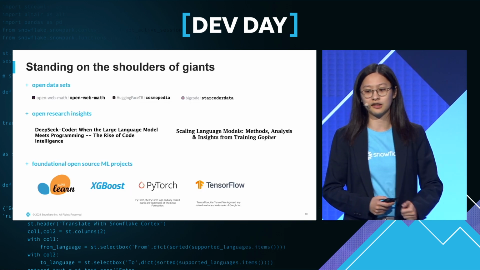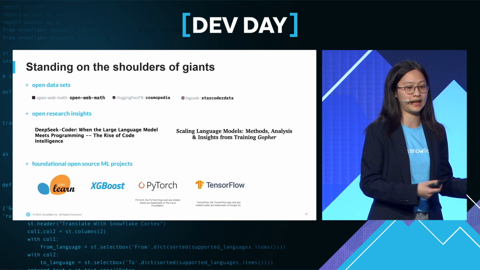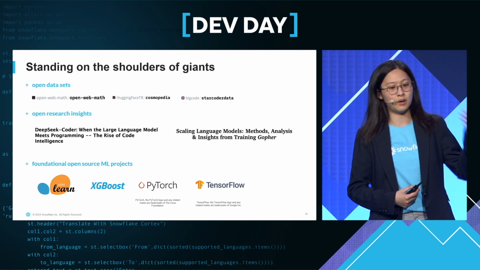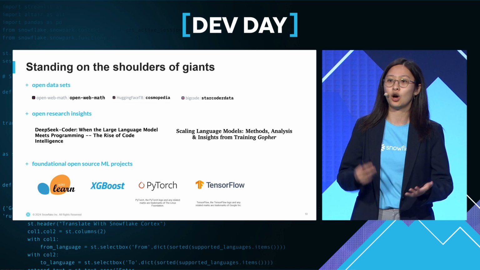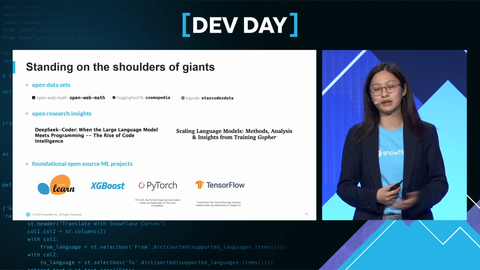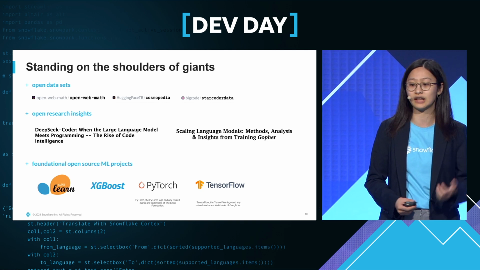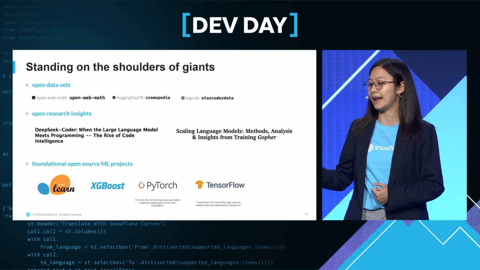So open sourcing AI is much more than just building on open standards and data sets. As you can see in this slide, the open source AI stack is around open data sets, open research insights that are not hidden behind a paywall, and also foundational ML libraries such as scikit-learn, XGBoost, PyTorch, and TensorFlow. And so there's a lot that goes into building this open AI stack.